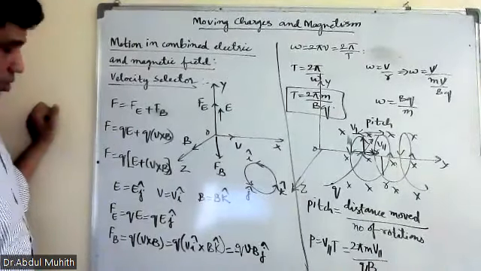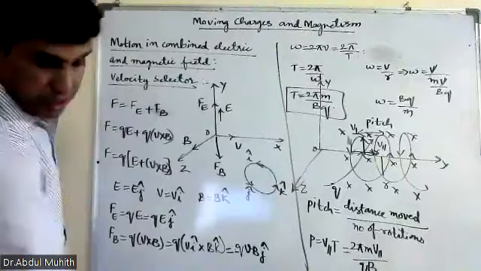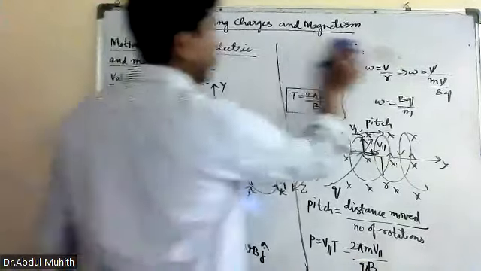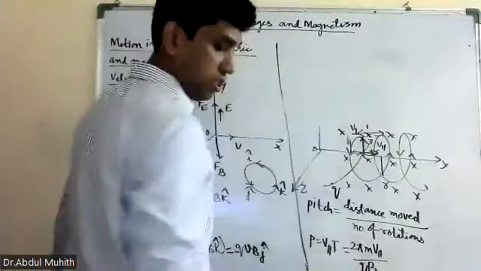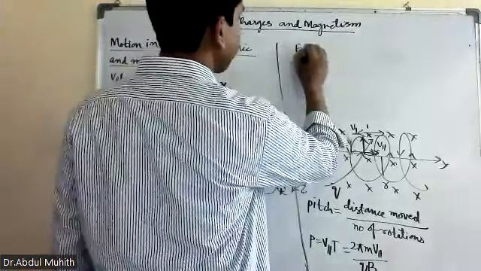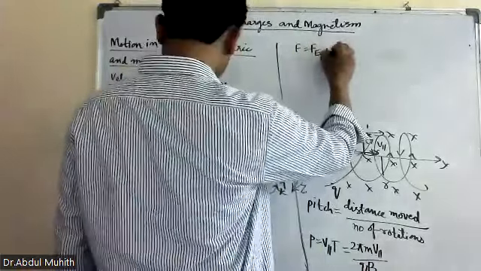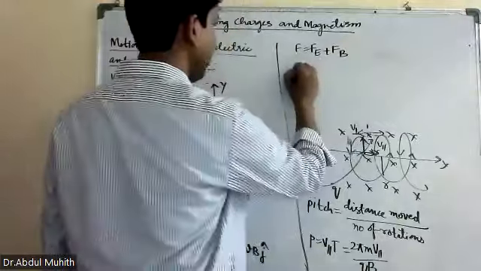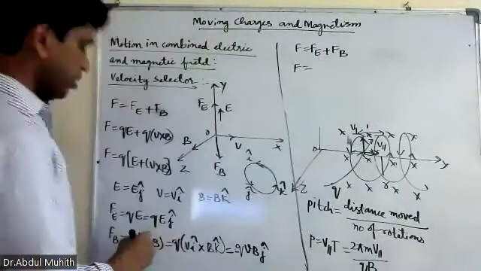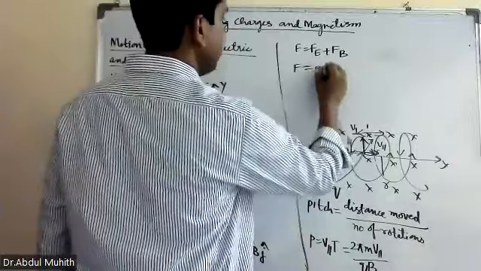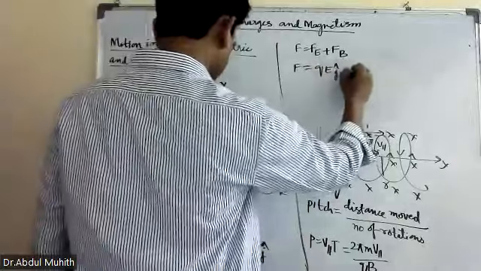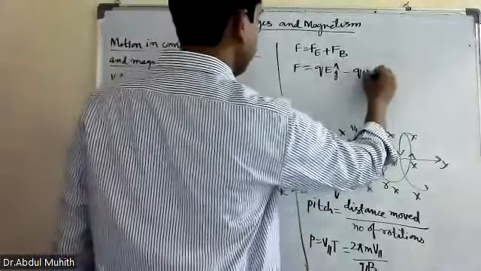Now the total force F is given by Fe plus Fb. So F is equal to Q E j cap minus Q V B j cap.